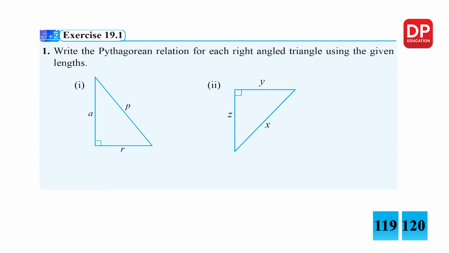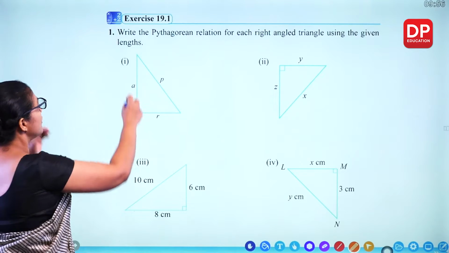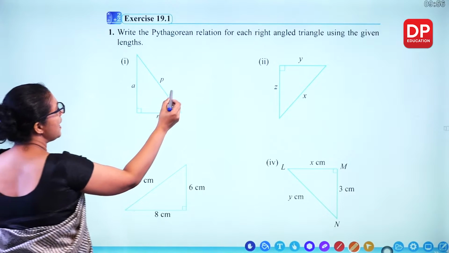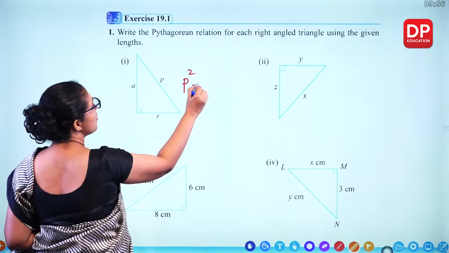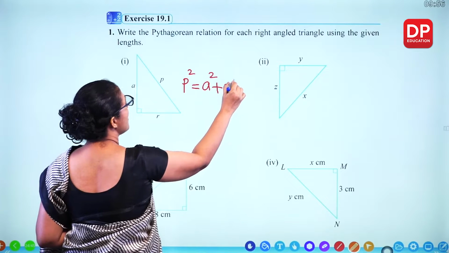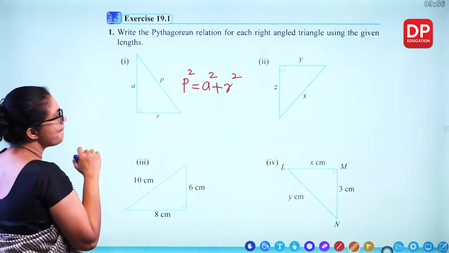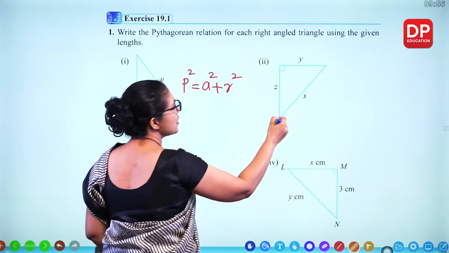Exercise 19.1. Write the Pythagorean relation for each right angle triangle using the given lengths. Hypotenuse is P. So P squared is equal to the sum of squares of the other two sides, A squared plus R squared. This one, what's the hypotenuse?